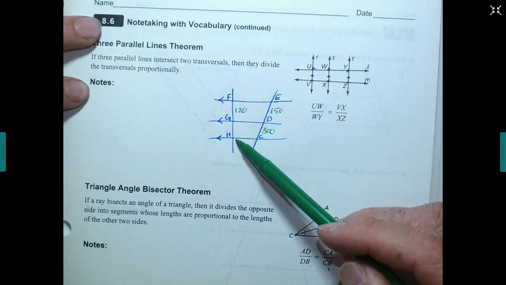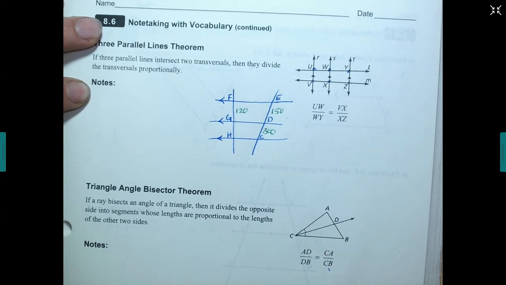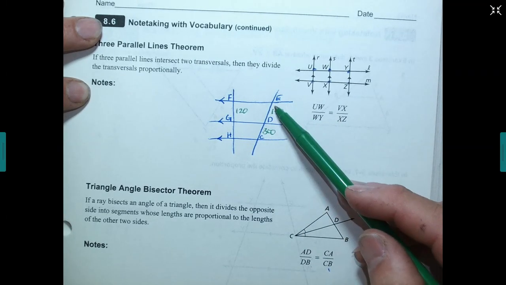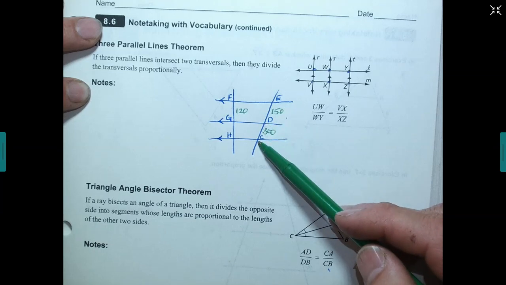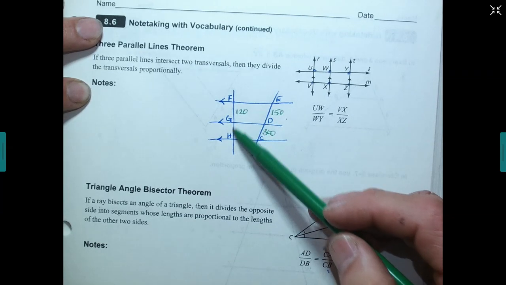So let's find out what GH is. How do we do it? Well, we know that these are proportional. ED over DC is proportional to FG over GH.